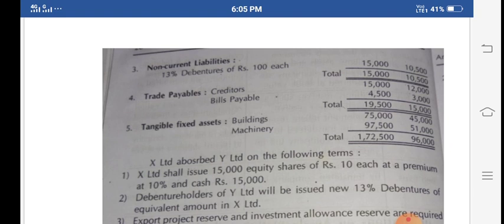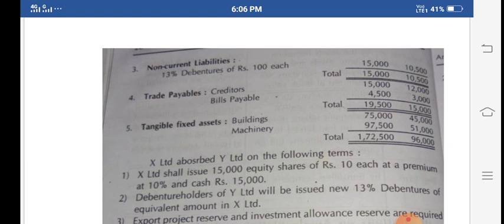For the tangible fixed assets, the note gives the building for X as 75,000 and for Y as 45,000. Machinery for X is 97,500 and for Y Limited it is 51,000. So this is about the notes in the balance sheet.